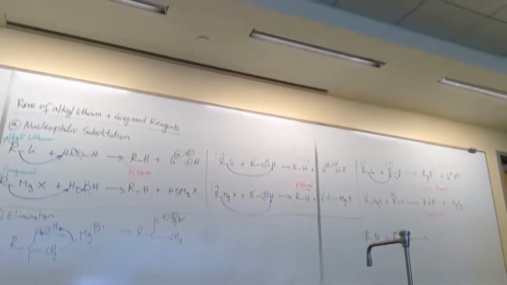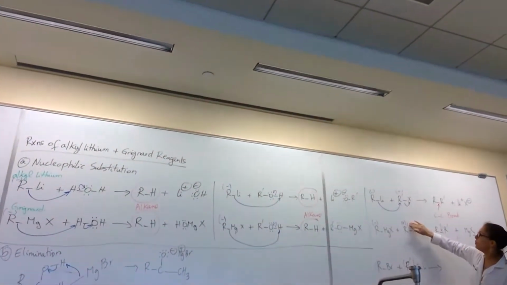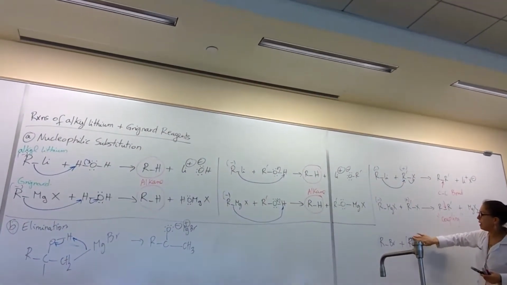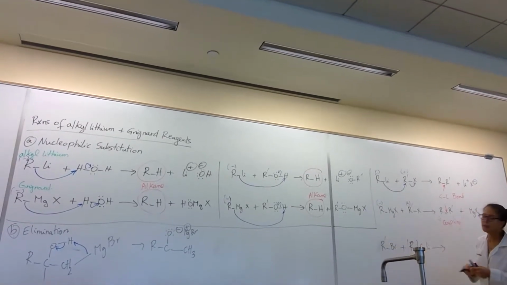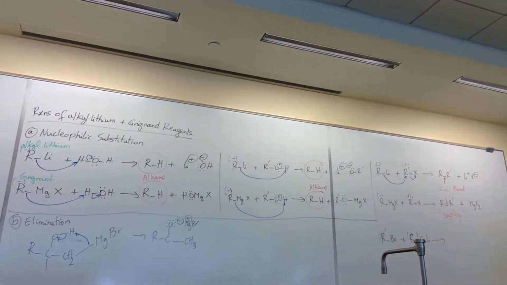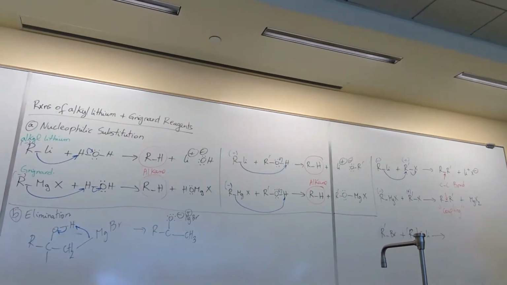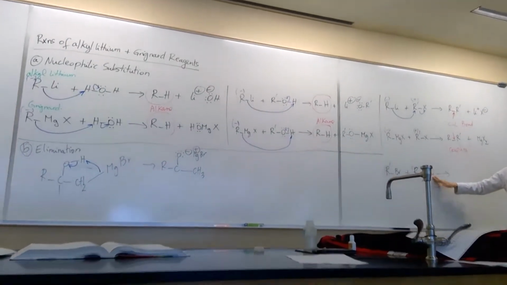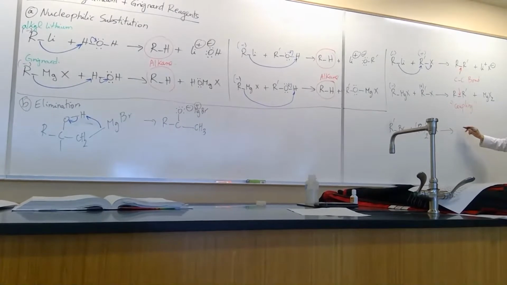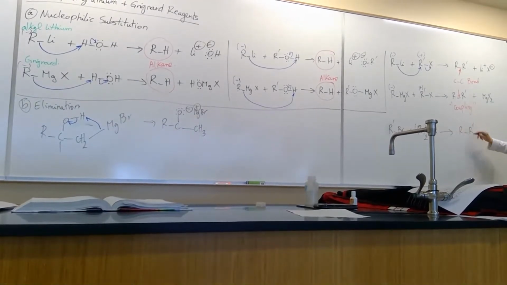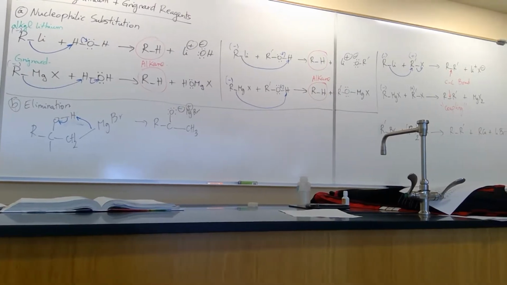Okay? So just like here, you see how we have alkyl halide, I can do this and this to be consistent. So you take an alkyl halide with an organocuprate, what do you get? You get R prime, same thing as this, plus RCu plus Li. So that's also coupling.